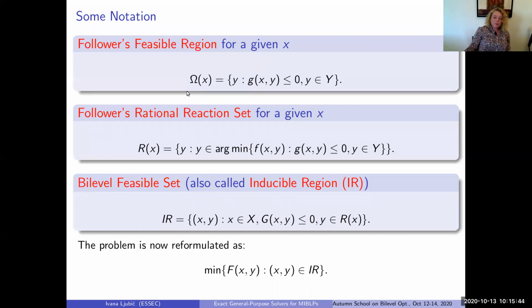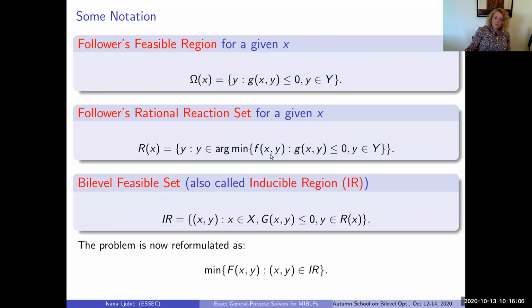What I call the follower's optimal response is also sometimes called in the literature the follower's rational reaction set. And again, it is also given for a given x. And this is simply the set of all optimal solutions of the parametric problem defined by the given x.